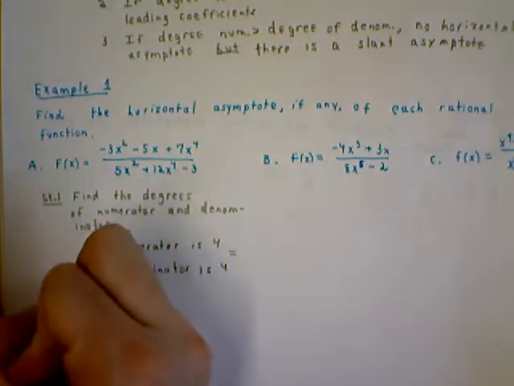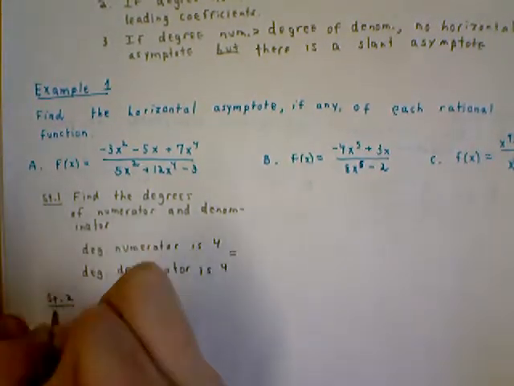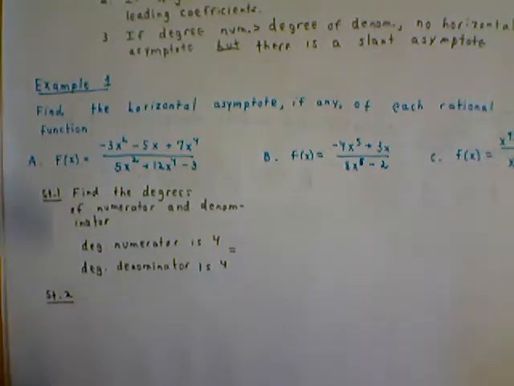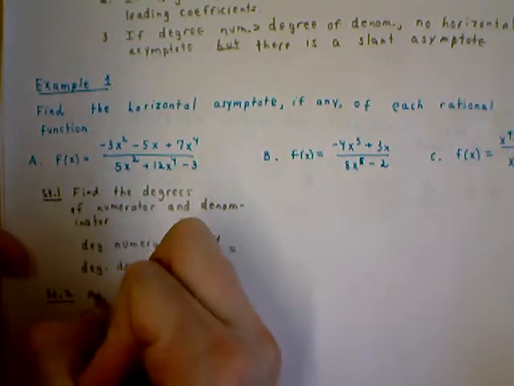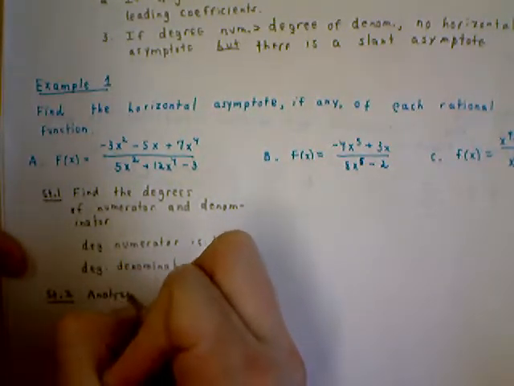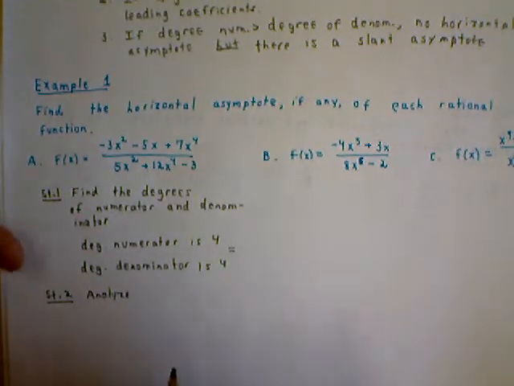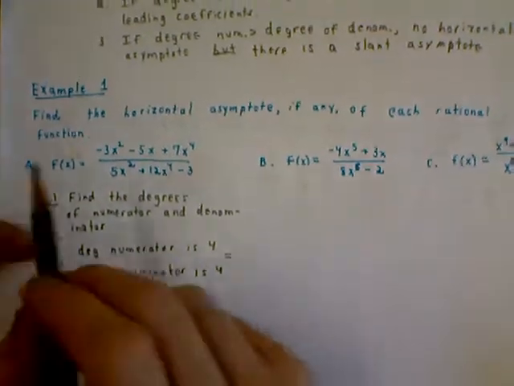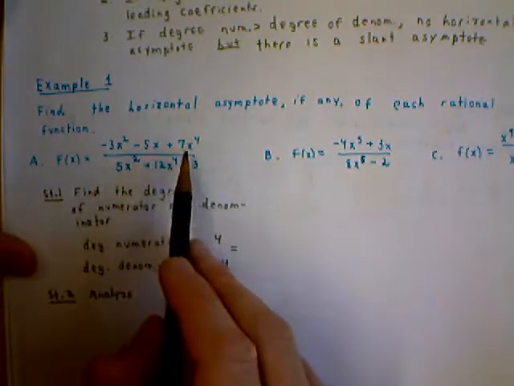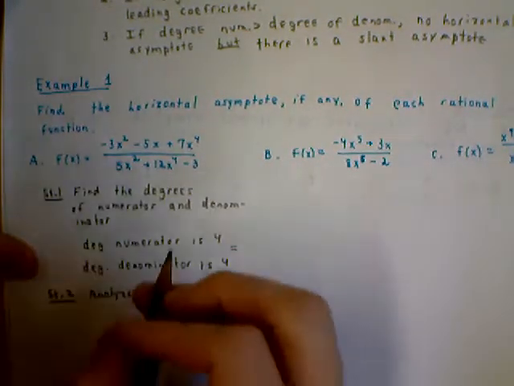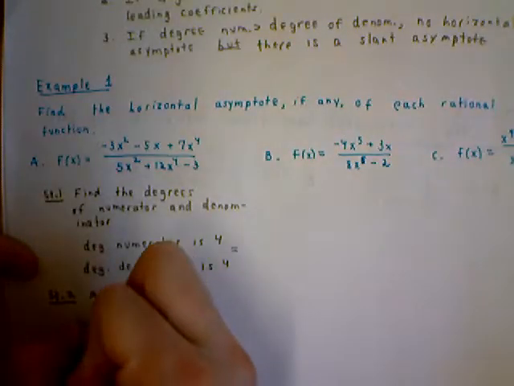So after you analyze the degrees, we're going to go ahead and figure out our asymptote. Well, the degrees are equal. All right, so the degree of the numerator equals the degree of the denominator. So that means I'm going to take the ratio of the leading coefficients. So the coefficient of 7x to the fourth is 7.